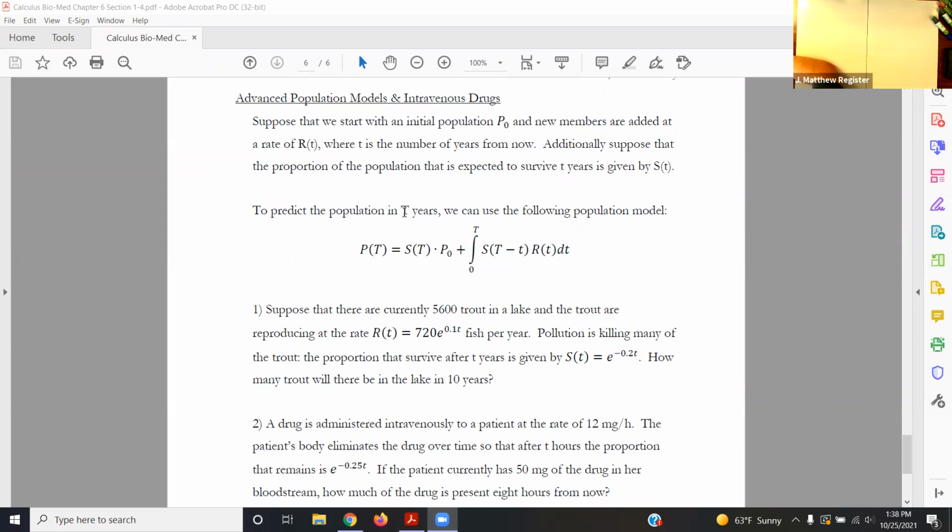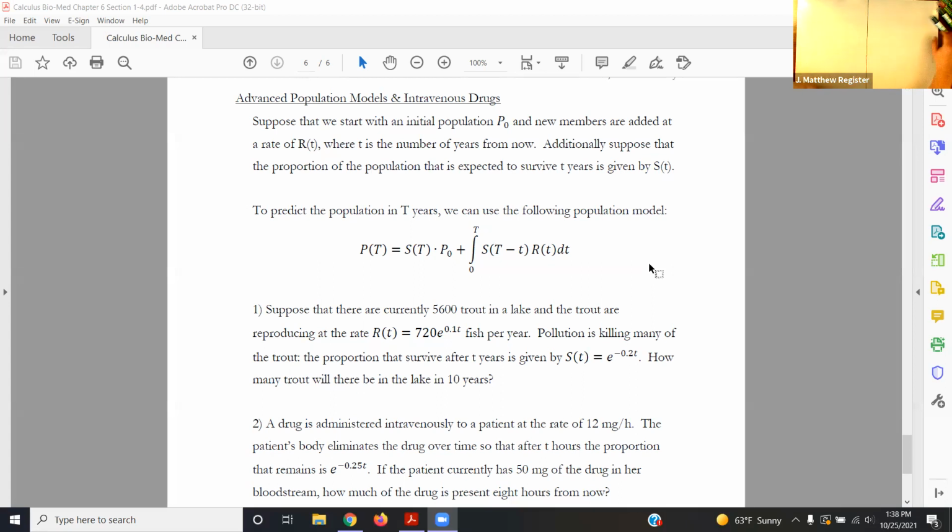To predict the population in big T years, we can use the following population model. And so this is P of big T is equal to S of big T times P0 plus the integral from 0 to big T of S of big T minus little t times R of little t dt.